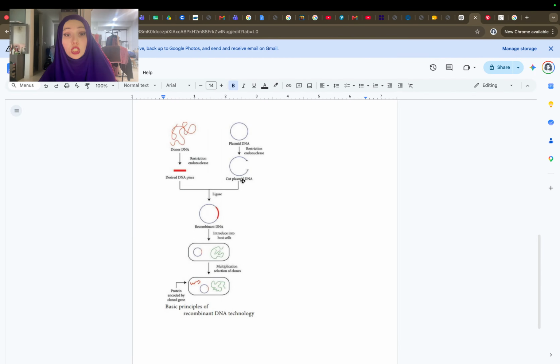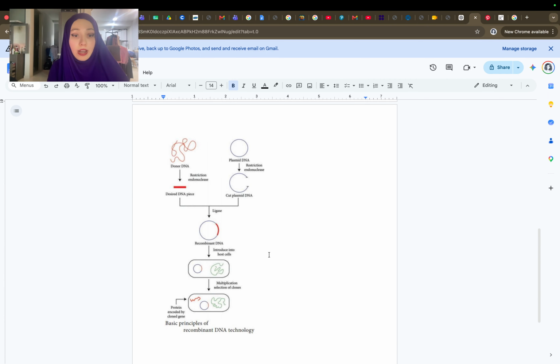Okay, moving on. So now we have recombinant DNA. So it means that we have DNA made from two different sources, human DNA and bacterial plasmid, but they're in one molecule. Step 5, host cell, you see here, we put it into bacteria. So now as we have our recombinant plasmid, but it's still sitting in a test tube, we need bacteria.